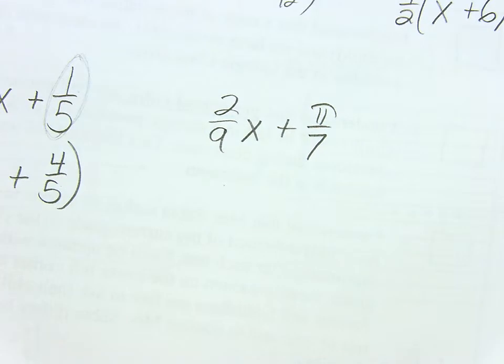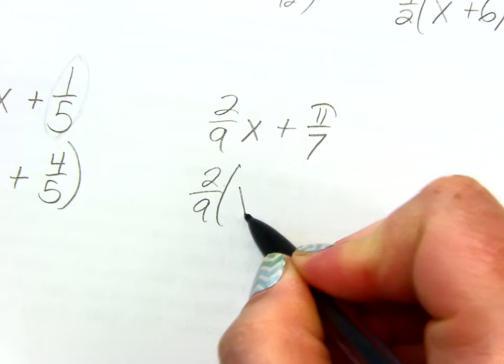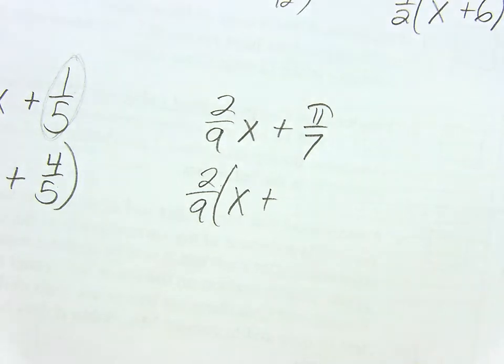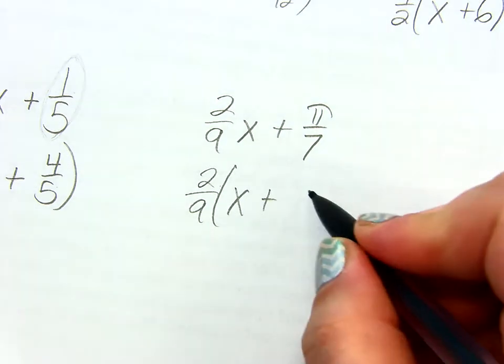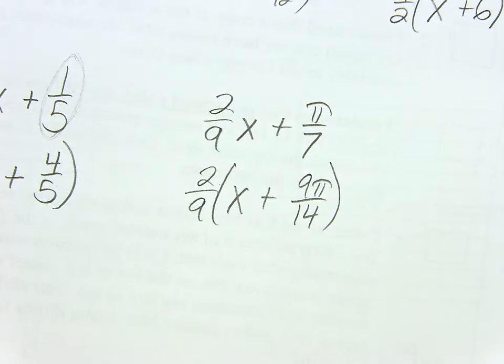I don't know. I'm making it as ugly as it could be. What's that going to turn into? You pull out a 2/9 and you're left with x plus 9 pi over 14. That's right.